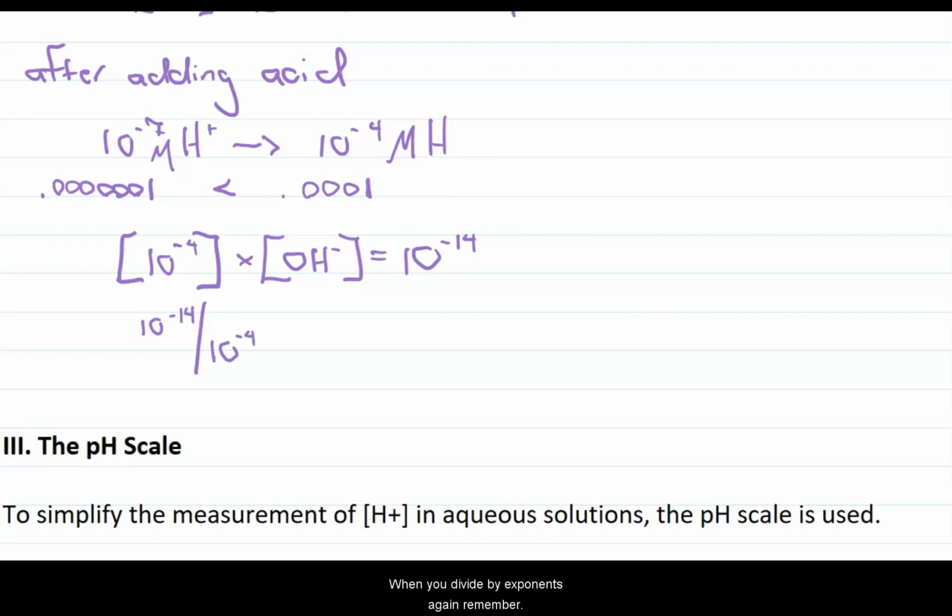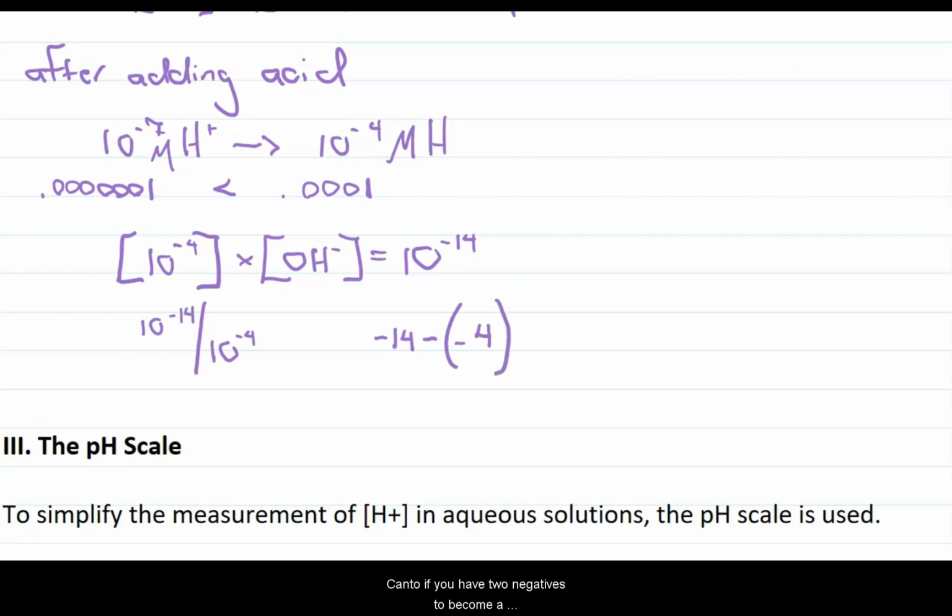When you divide by exponents, remember, you subtract. So I would subtract minus 14 minus negative 4.